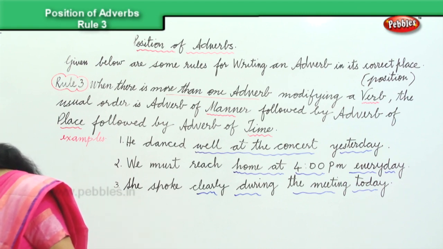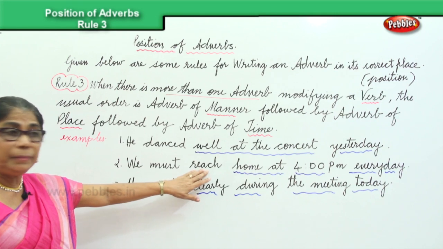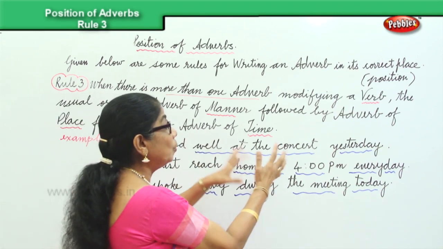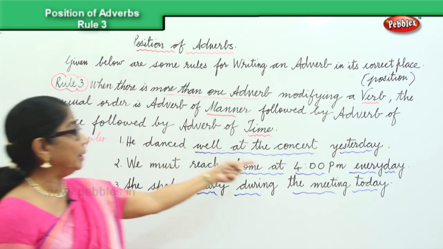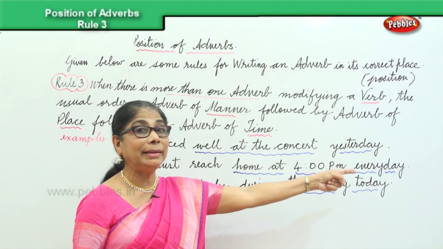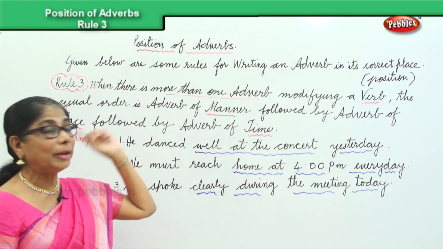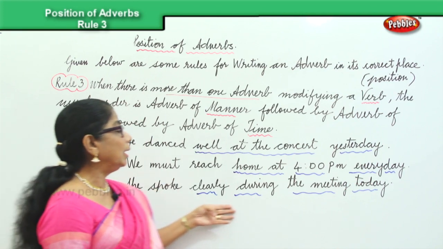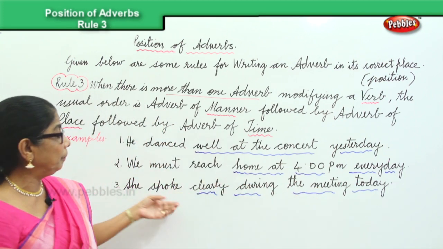In the second we have, we must reach. Reach is the verb modified. We must reach home, then time, every day at 4 p.m., not one day. She spoke clearly during the meeting today.